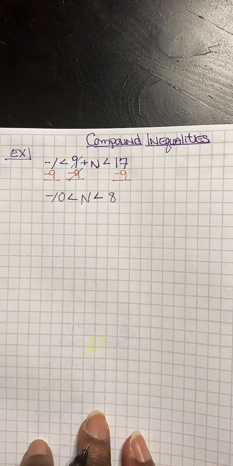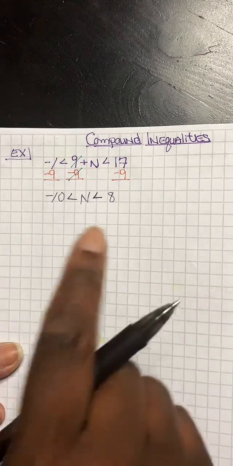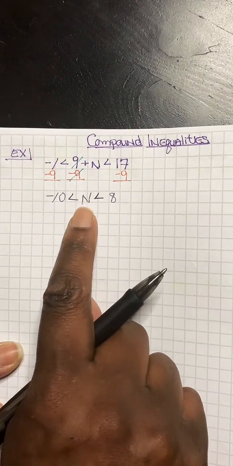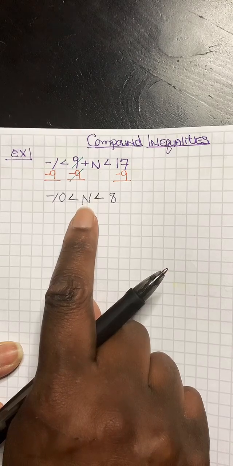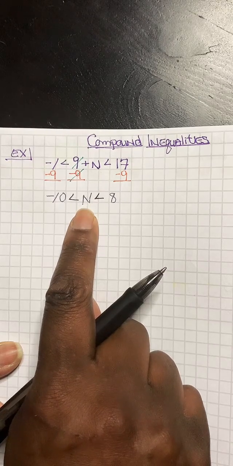Good, Nicole. All right. So they're gone. Now, this is solved, and this is how you know you can stop: when your variable is by itself in between the two inequalities.